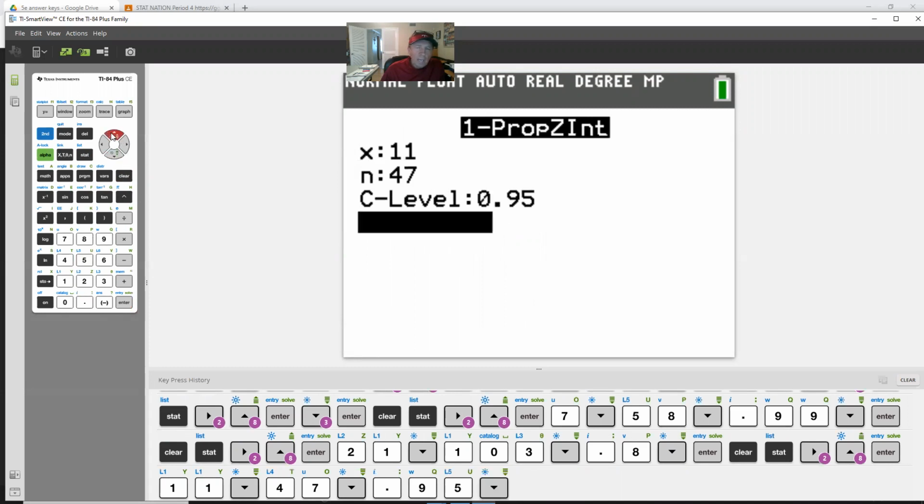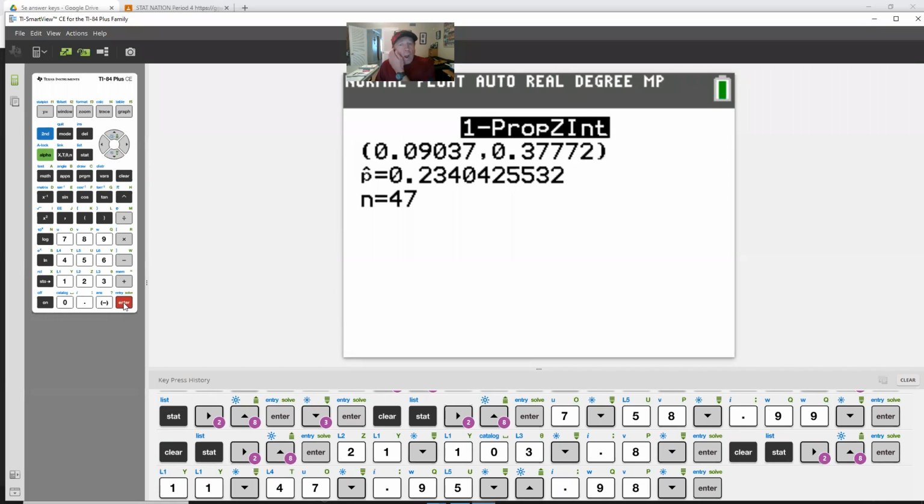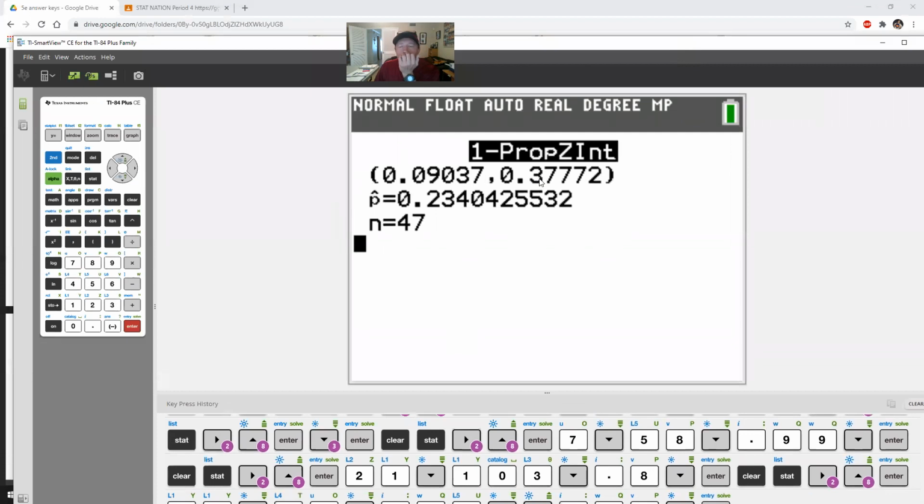Oops, I did 95. 0.98. There we go. Wow, between 9% and 37%. I mean, the point estimate was 23%, right? So 23 plus 14 is 37, and minus 14 is 9%. 14% margin of error. Huge margin of error.